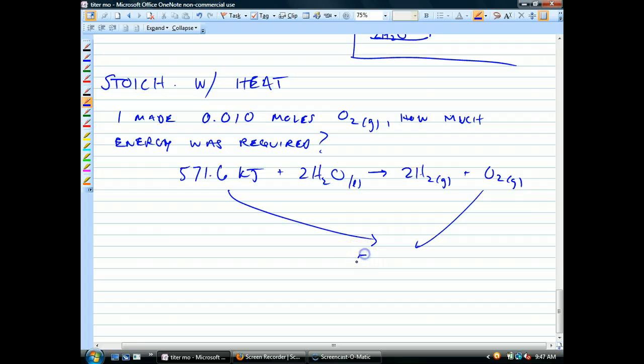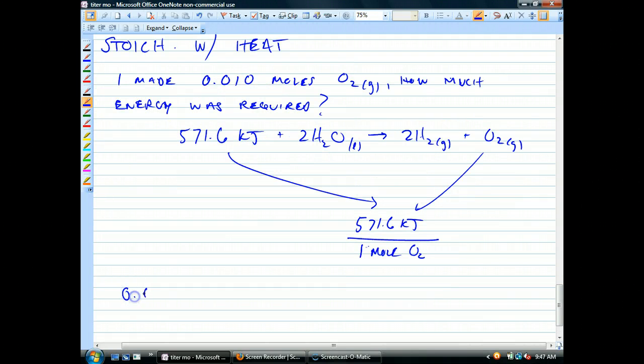What this tells me is that there's 571.6 kilojoules per 1 mole of O2 gas. If I wanted to use hydrogen gas, it would be per 2 moles of hydrogen gas, right? So if I start off with my moles of oxygen gas in my conversion here, I just multiply by this, pretty simple.